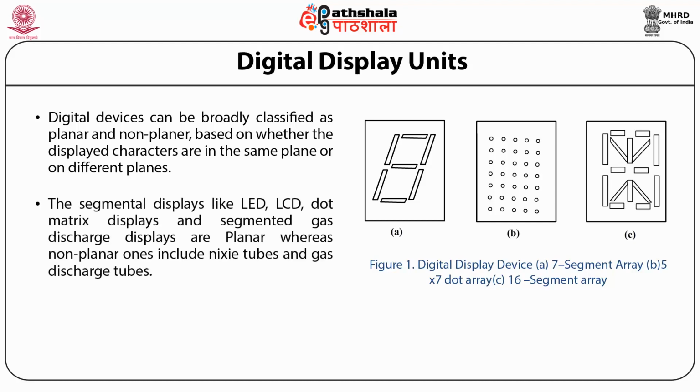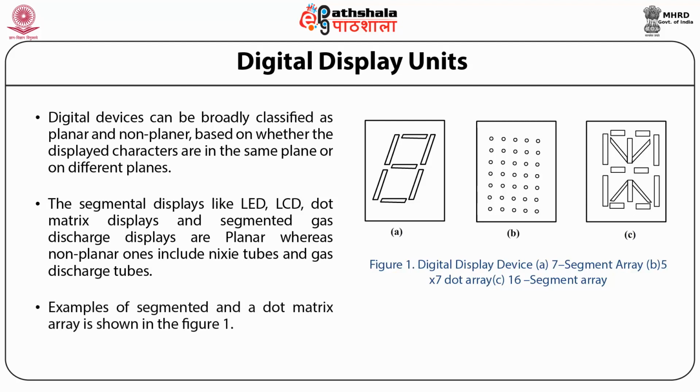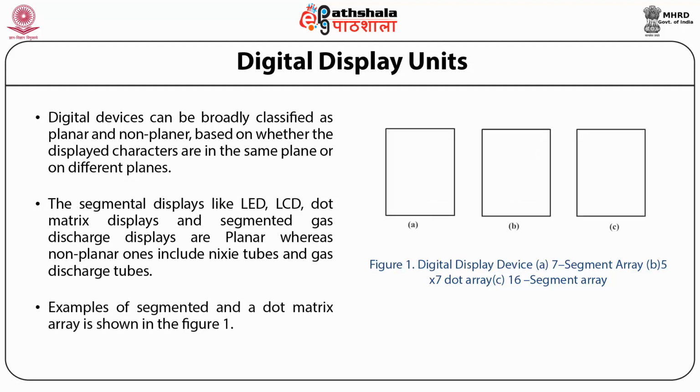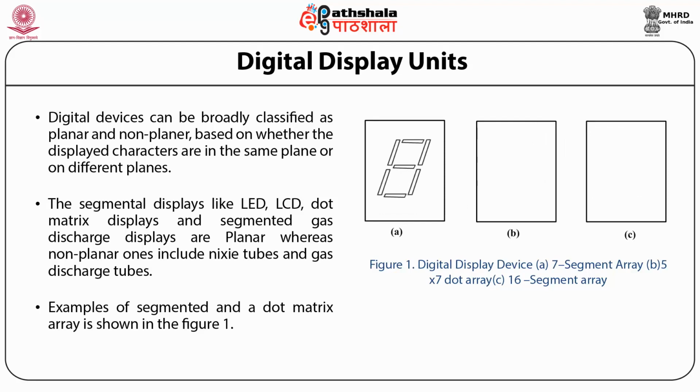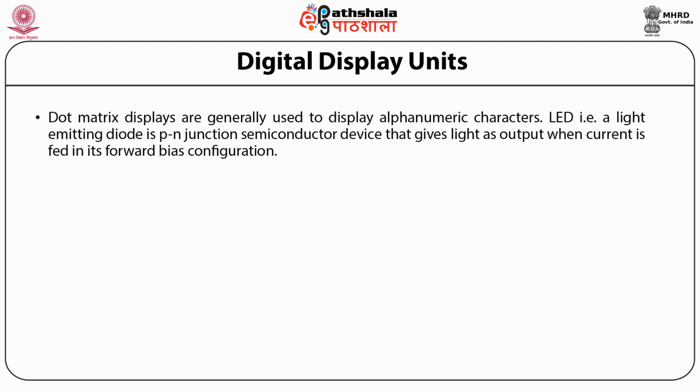The segmental displays like LED, LCD, dot matrix displays, and segmented gas discharge displays are planar, whereas non-planar ones include Nixie tubes and gas discharge tubes. Examples of a segmented and a dot matrix array are shown in figure 1. Dot matrix displays are generally used to display alphanumeric characters.